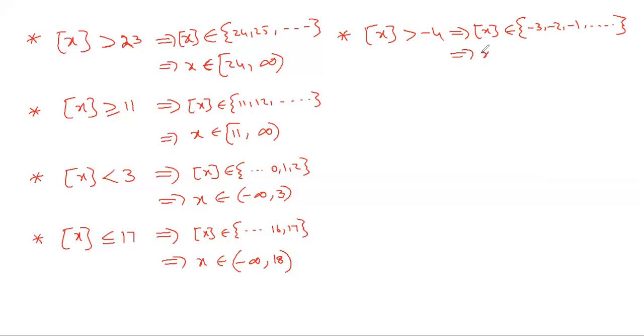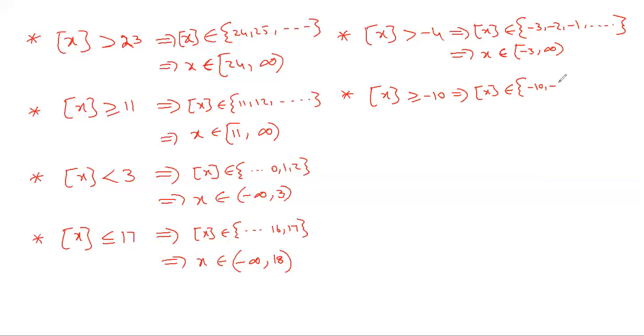So the x belongs to closed interval minus 3 and infinity. Very good. And integral part of x is greater than or equal to minus 10. So from -10 to infinity.